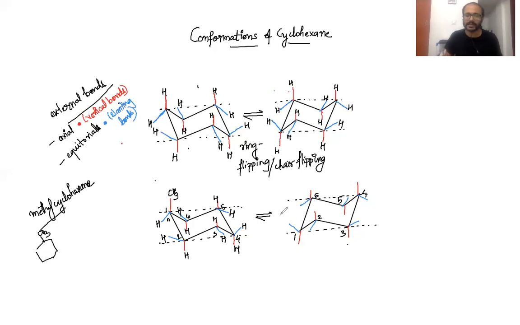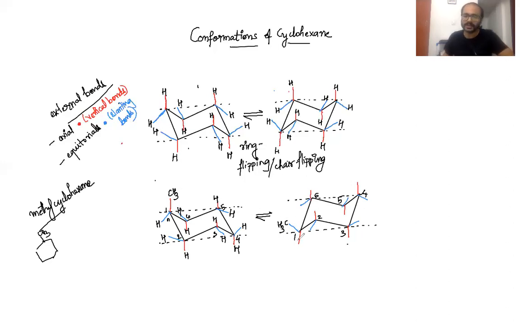So in this structure, when the ring flips and the first carbon goes down, the methyl group won't be drawn in the axial position, but rather in the equatorial position. Whenever ring flipping happens, there is an interchange of the axial and equatorial positions. If a group in one chair conformation is axial, when the ring flips, it becomes equatorial.